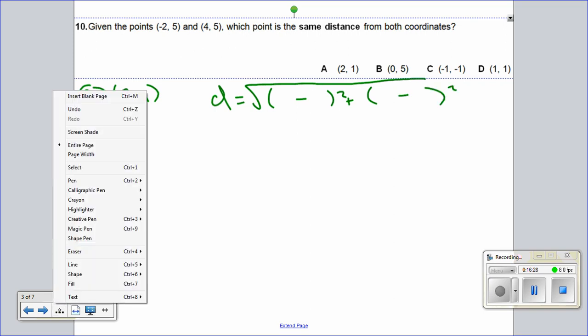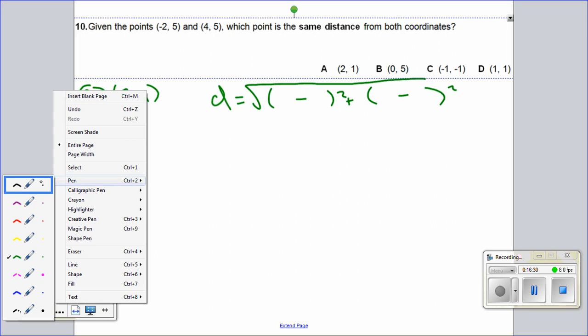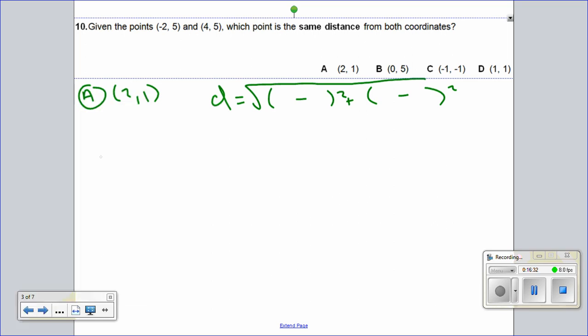My X values right now are -2 and positive 2, from the first point and the answer choice. Good. My Y values are 5 and 1.